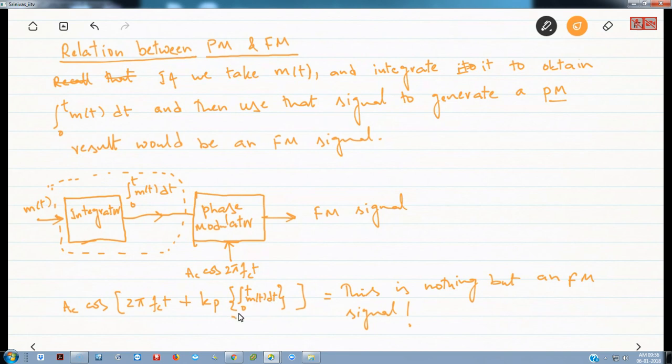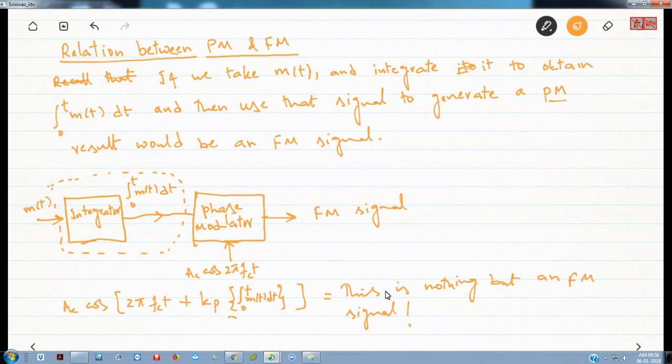In this case, because it's a phase modulator, it would be a phase modulated signal. But because I'm first integrating the signal, and here I should write integral 0 to t m of t dt, it becomes a frequency modulated signal. So I can produce an FM signal using a phase modulator, right?